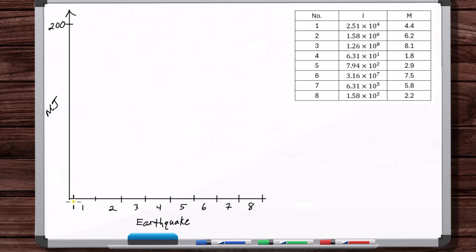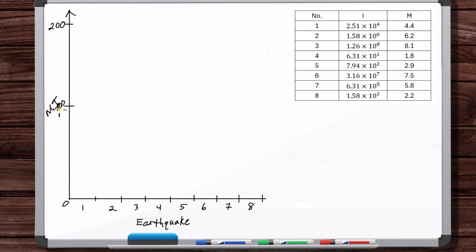And then we might make the origin here not 0. We could make it something else, bring it up a little bit, but let's see. The lowest value is 63.1 joules. So let's just make this 0, because 63.1 is pretty close to 0. Now we draw a tick mark in the middle.